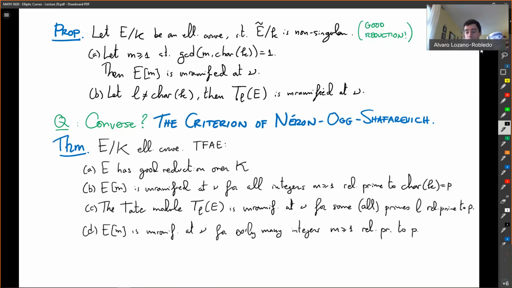If the Tate module, for example, is unramified for some prime l relatively prime to p, then that already tells you that you have good reduction over K. This is also useful for division fields: for an m-division field, the only places where it might be ramified are the places of bad reduction and the places dividing m.